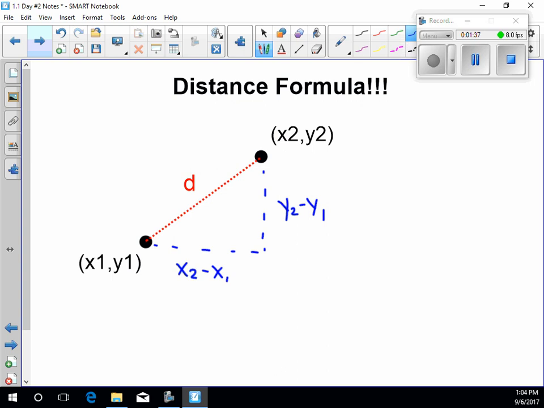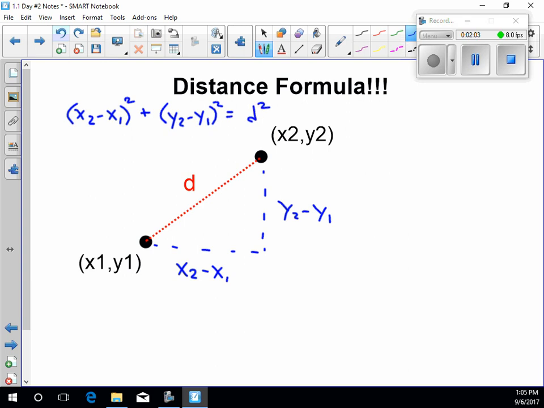And Pythagorean theorem, this might start to show up in your head here a little bit. You're like, oh, I remember that. Why is that x squared? Let's go back a second. x2 minus x1 squared plus y2 minus y1 squared equals, we'll call it d squared.